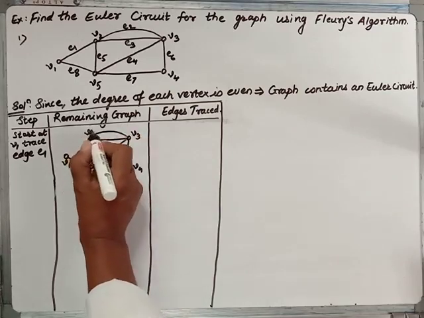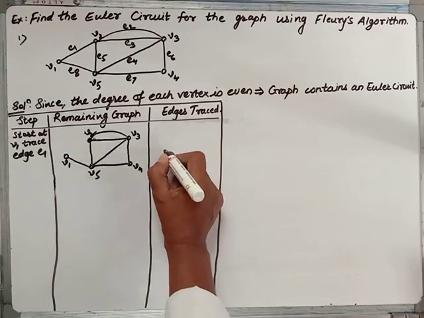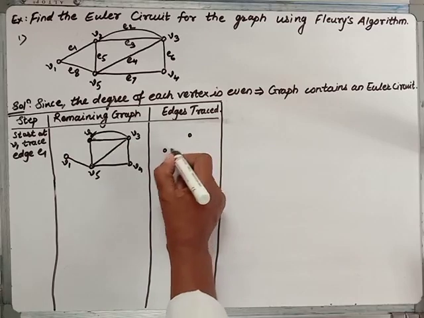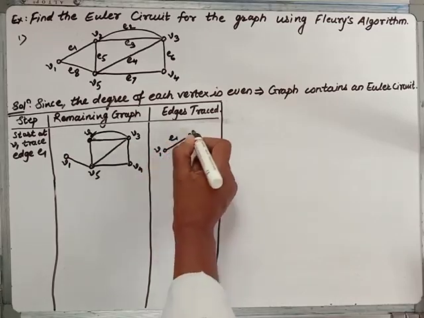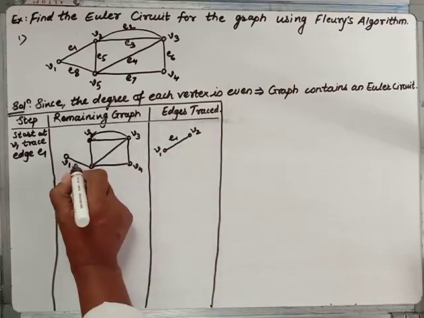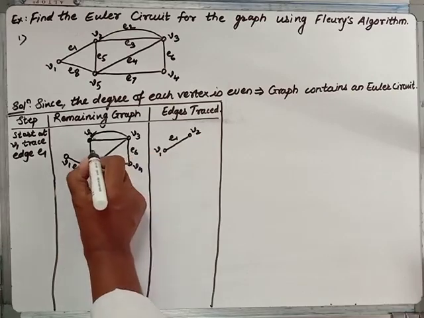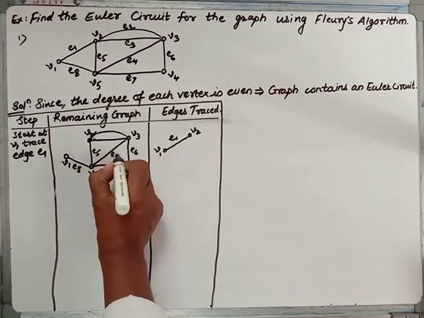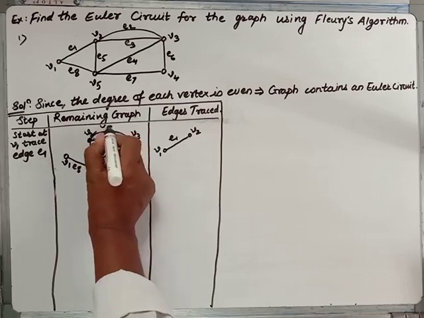This is V2, right? So the traced edge E1 is between V1 and V2. Here these are left: E8, E7, E6, E5, E4, E3, and this is E2.